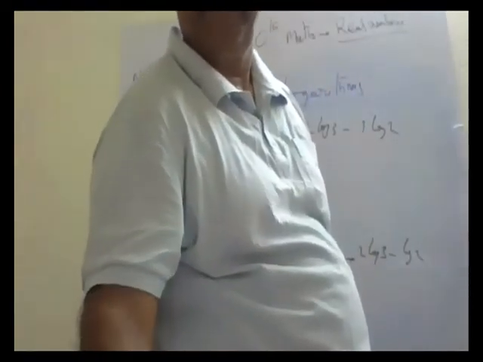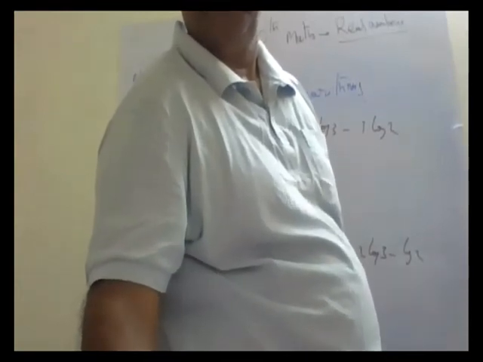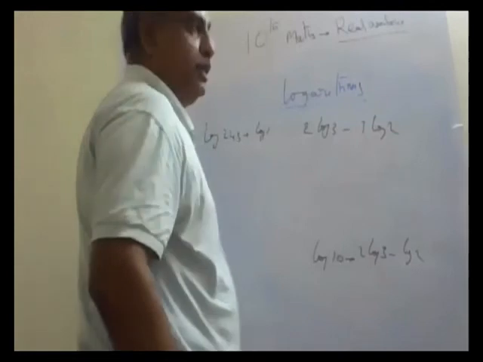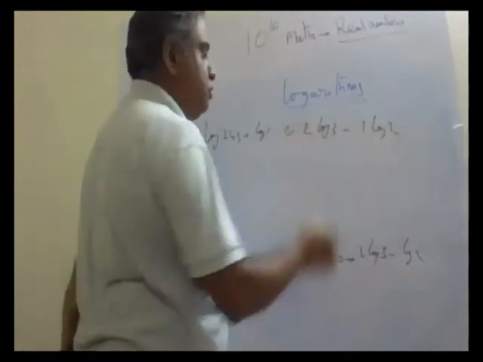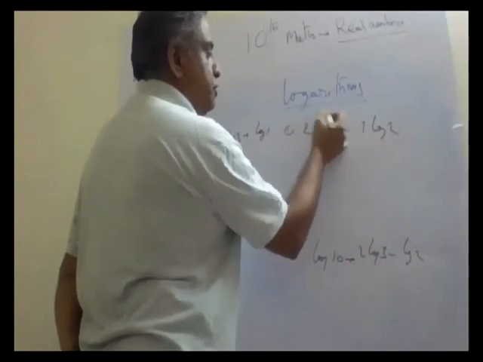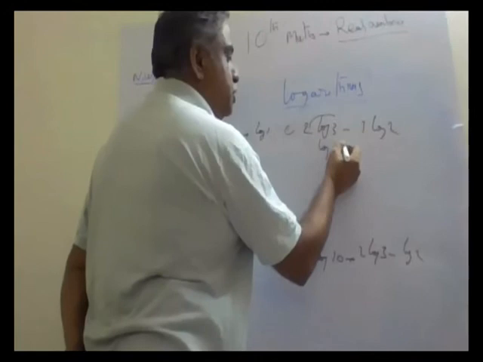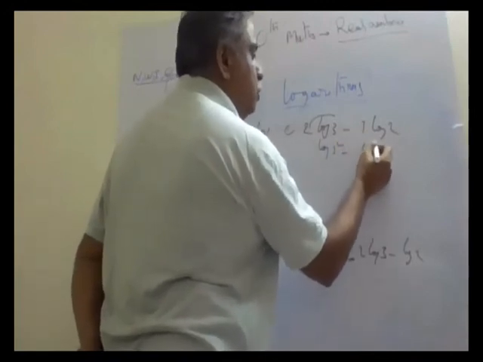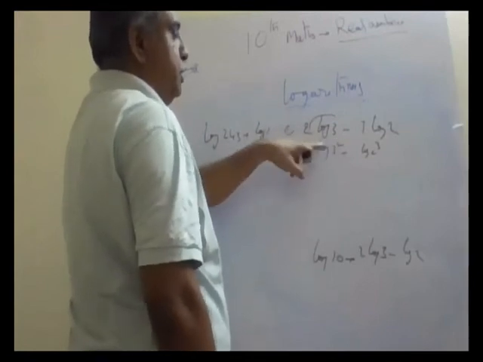Okay. Let us see here. First is 2 log 3 minus 3 log 2. We know log x to the power of m is m log x. So this becomes log 3 square minus log 2 cube. Log 3 square, when I bring the power to this side, becomes 2 log 3.